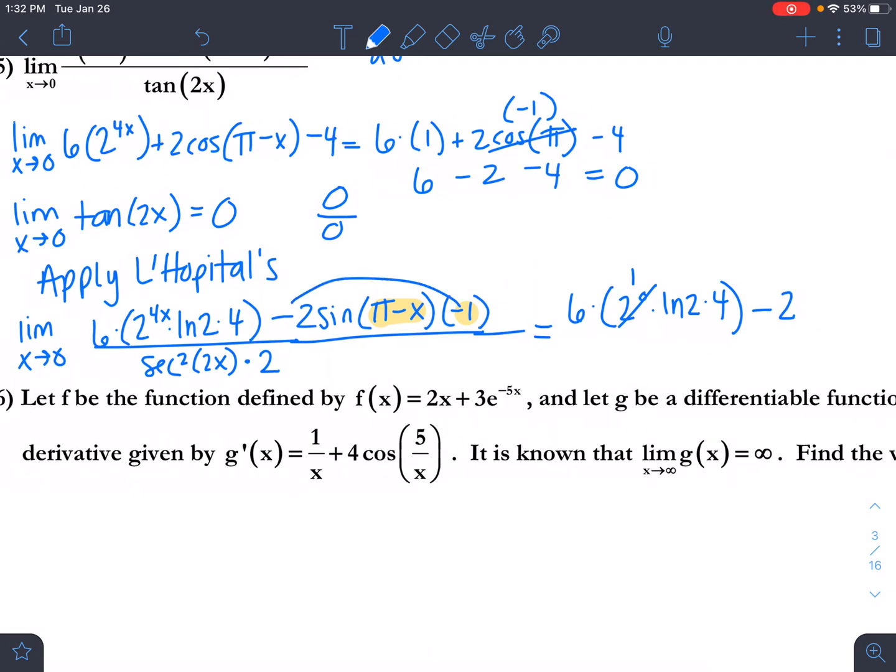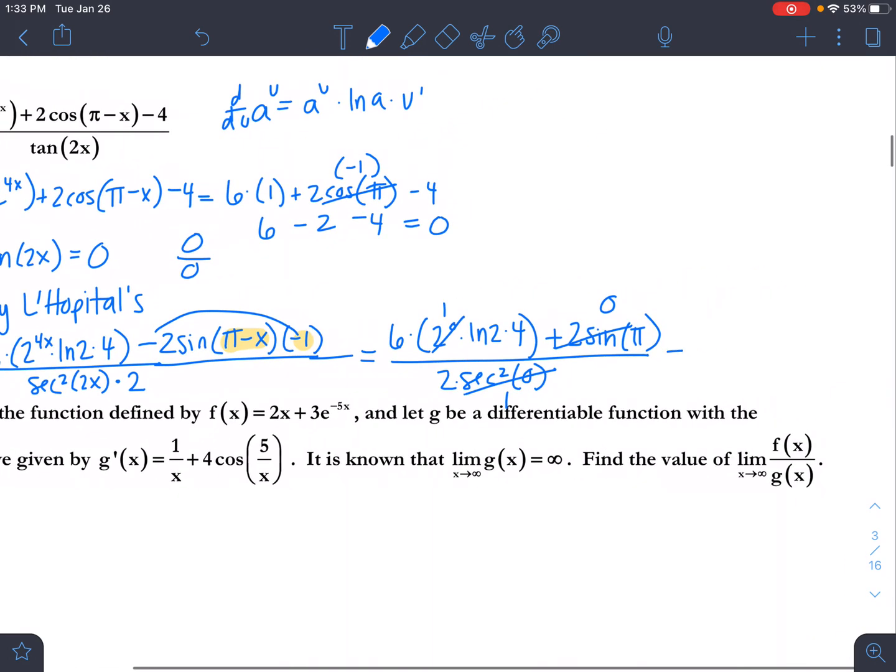I'm going to multiply these negatives together. So it's going to be plus 2 sine of pi minus 0. Sine of pi is 0, so this whole thing cancels. All over 2 times secant squared of 0. Secant squared of 0 would be 1.